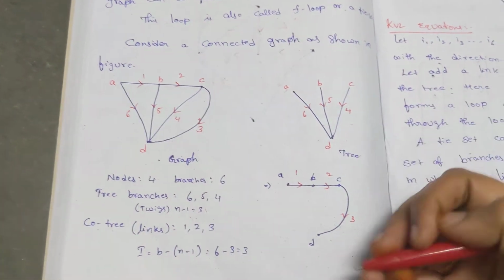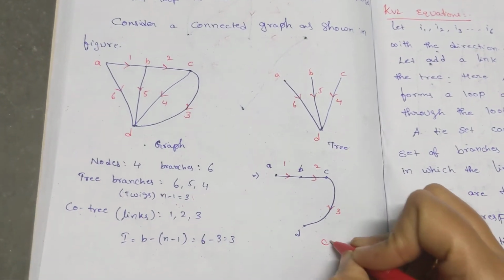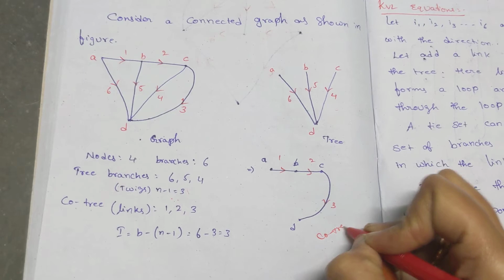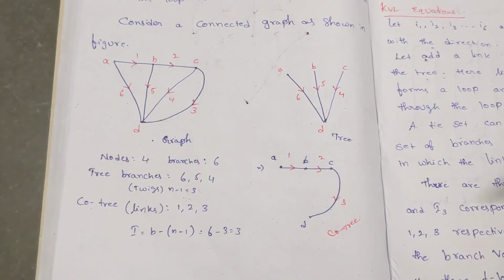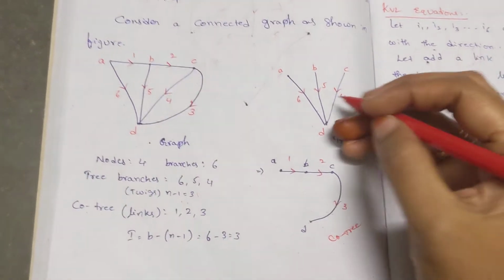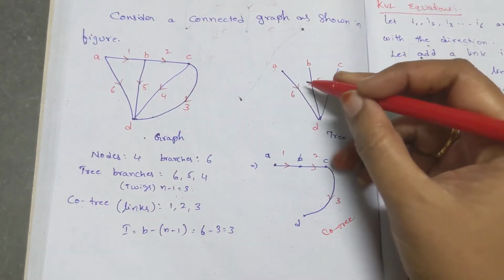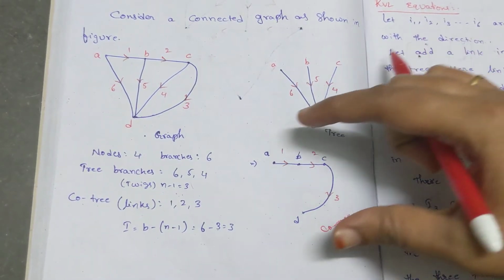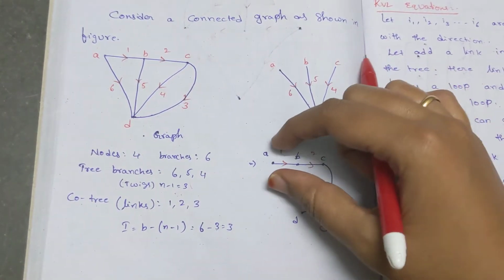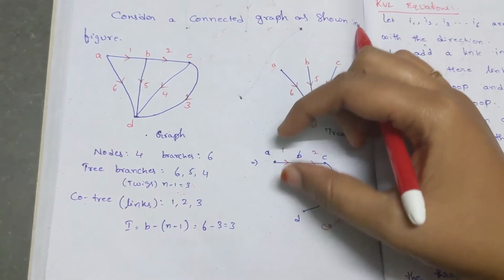That is the tree. When I go for the co-tree, the rest of the branches, that means 1, 2, 3, form the co-tree. Now the task is, for this given tree, we have to add these links, that means the co-tree branches, individually.